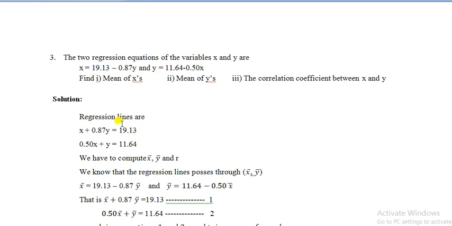So these two are the regression lines, and we compute x bar, y bar and r, that is the means of x, y and the correlation coefficient.